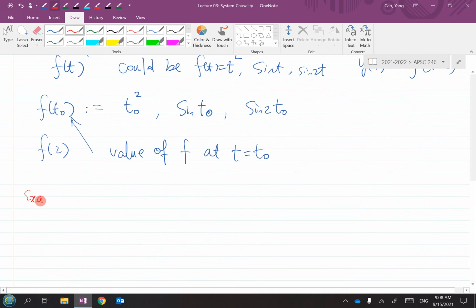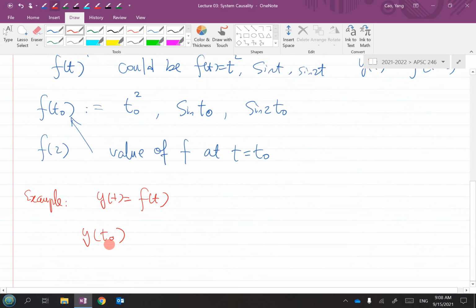Very simple example. So let's say y of t is basically the same as the input f of t. Good. Now, according to the definition, I'm going to bring in an instant, any instant t naught.